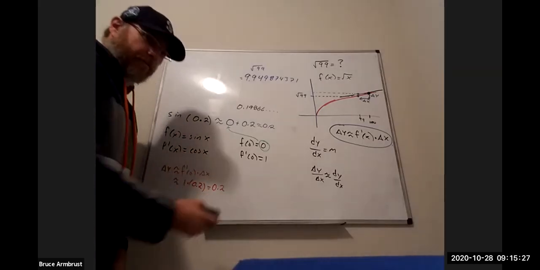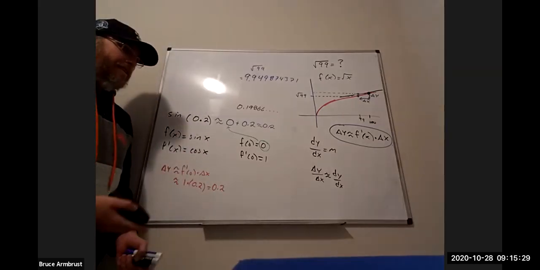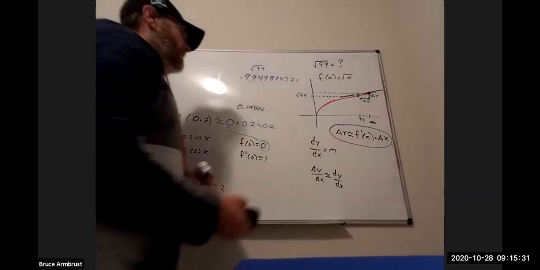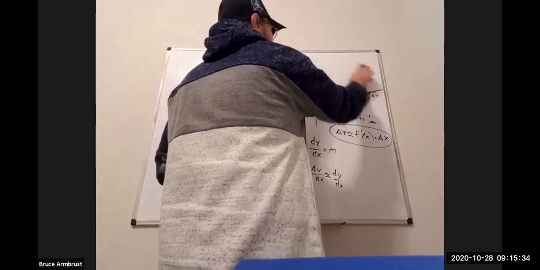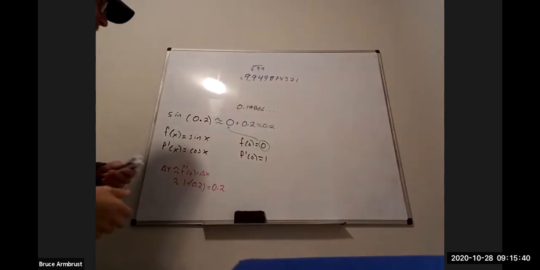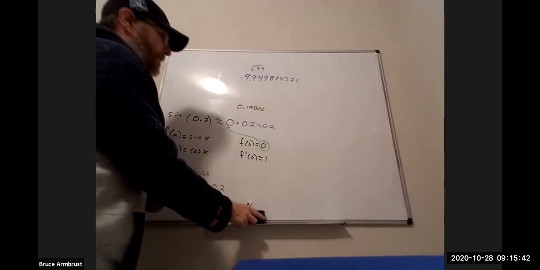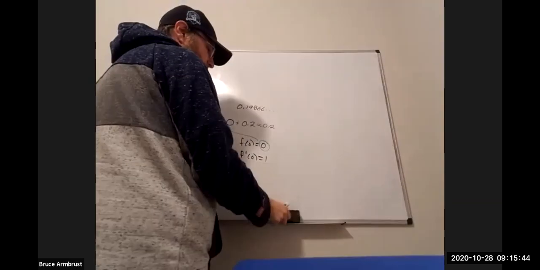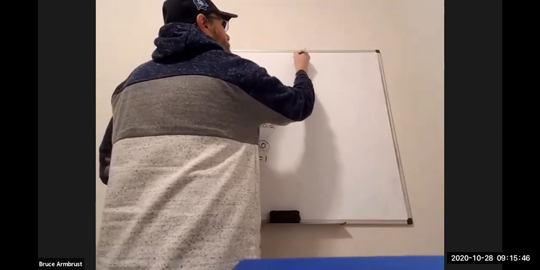Okay, but let's do this before you get all, yes, this is easy. What if instead of sine of 0.2, I wanted to know the sine of 1? We're going to use the same function and everything, but let's just say we go to sine of 1.